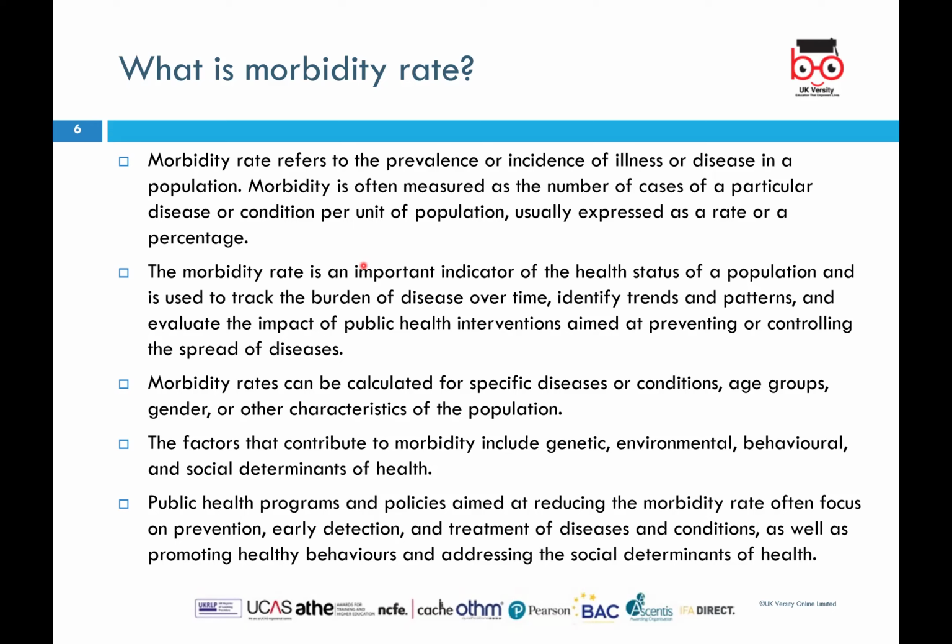Environmental, so different environments have different predisposing factors. Behavioral, so your behavior also predisposes you to certain illnesses. A person who exercises will have reduced illness compared to a person who lives a sedentary lifestyle. We know that. And other social determinants of health. We'll talk about this later.